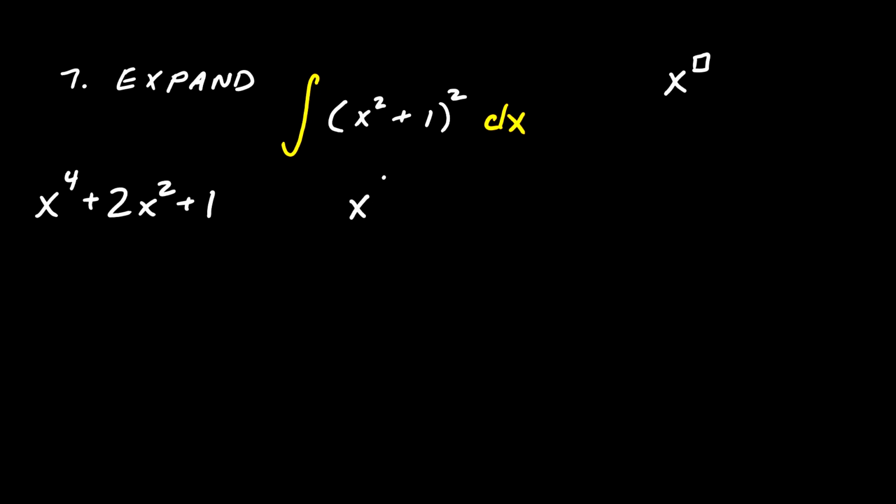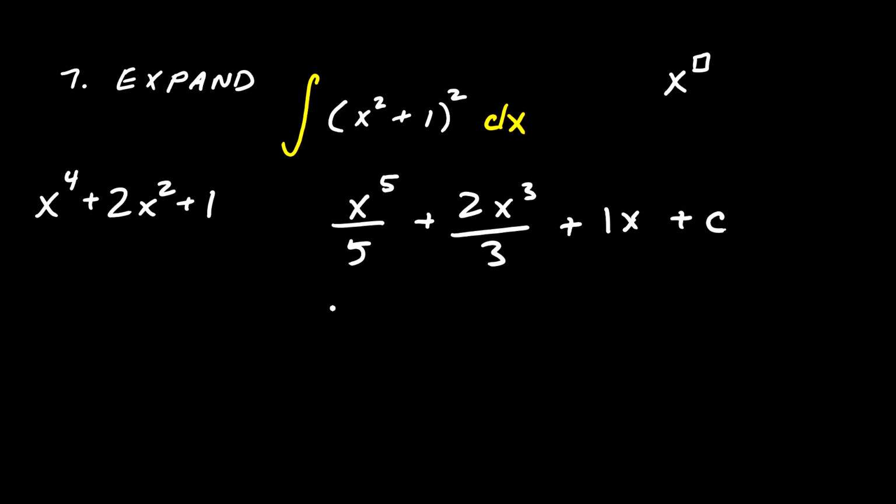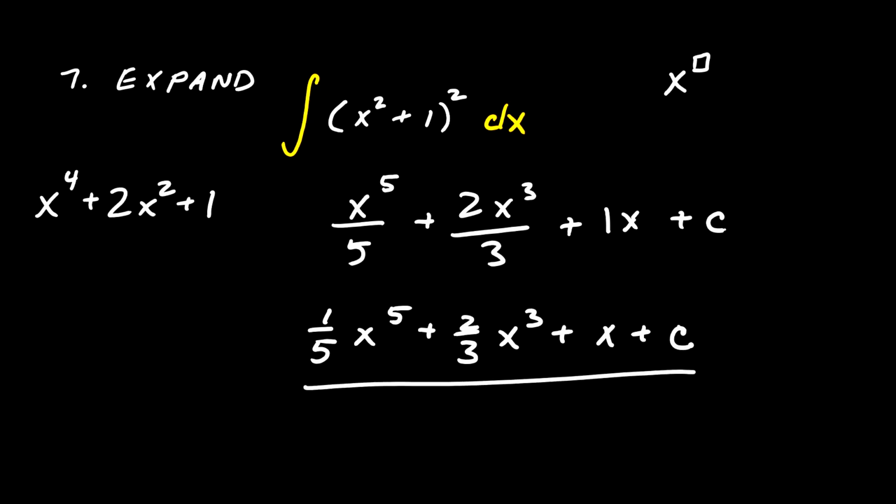A power higher is going to be x to the 5th over 5, plus 2x raised a power higher is x cubed over 3, plus again that 1 is the same as 1x to the 0, so we will write 1x for now, and then plus c. Simplifying this gives us 1/5 x to the 5th plus 2/3 x cubed plus x plus c. And there we go.